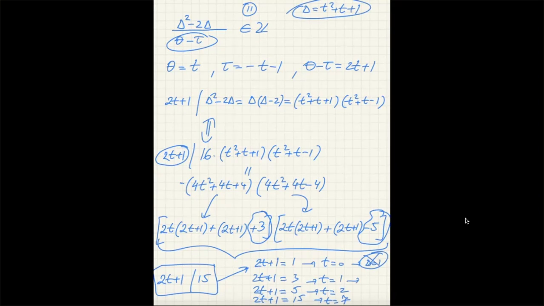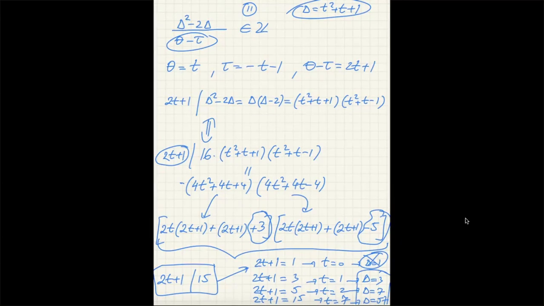When t equals 1, we get delta equals 3. When t equals 2, we get 4 plus 2 plus 1, it's 7. When t equals 7, we get 49 plus 7 plus 1, you get delta equals 57. That's the proof of the first part.